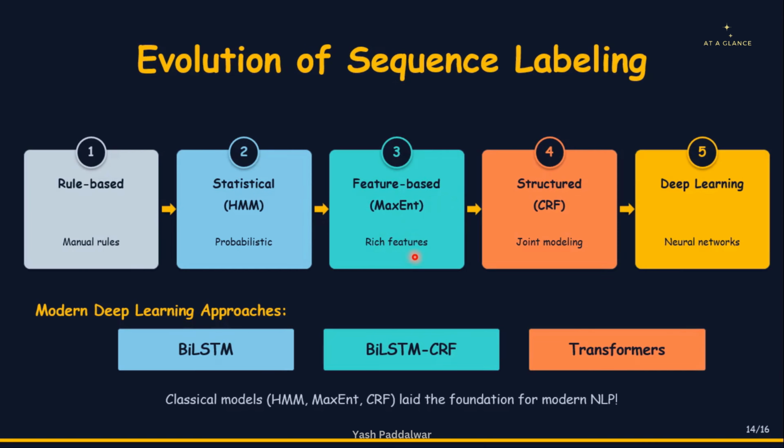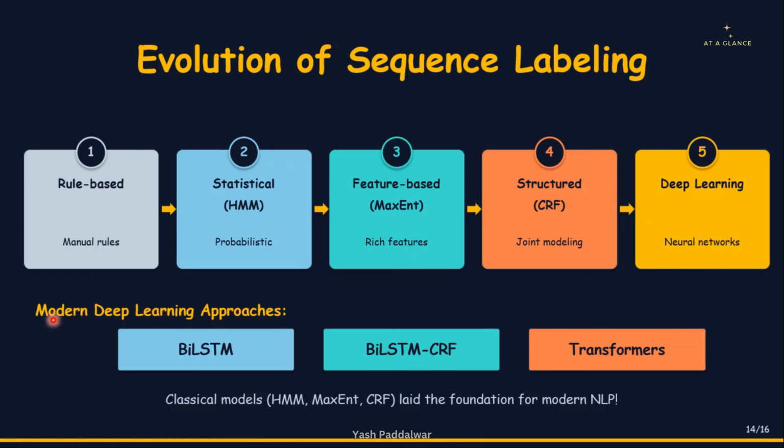It contains rich predefined features, which are used to predict the sequence labels. Next is structured CRF, which is solving all the drawbacks of HMM and Maxent. It is based on joint modeling, and the CRF then evolved to deep learning neural networks. So right now neural networks are performing well in sequence labeling.